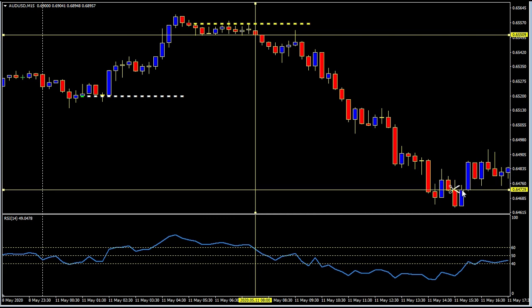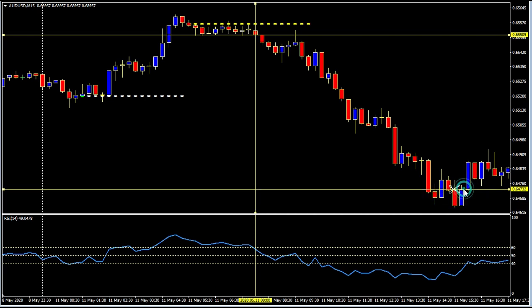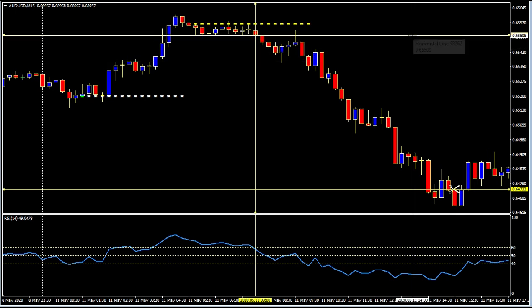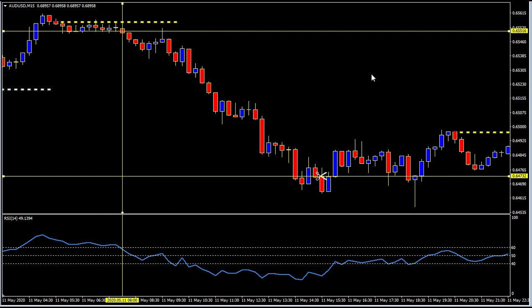It appears when this candle closes here. Yeah, okay. Now let's see what's the profit level. It's a profit of about 77 pips, right?